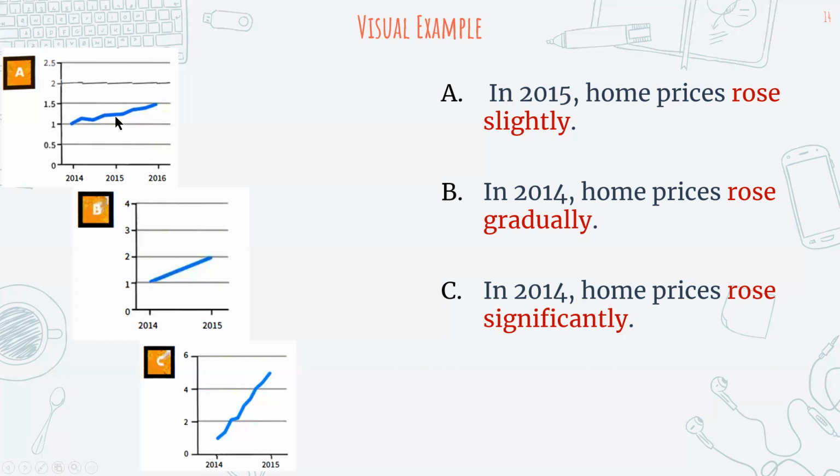Here in 2015, it was maybe 1.2, or 1.3. It rose to 1.5. Can you say that this was a big change?